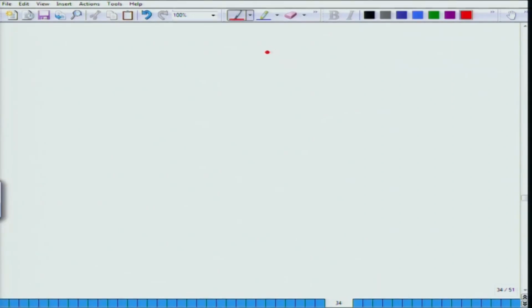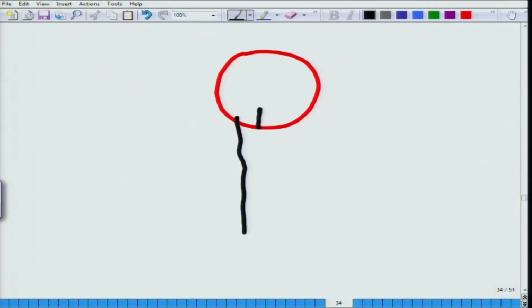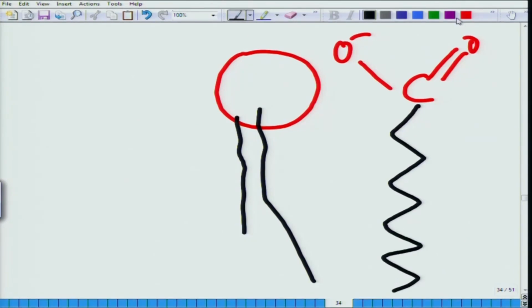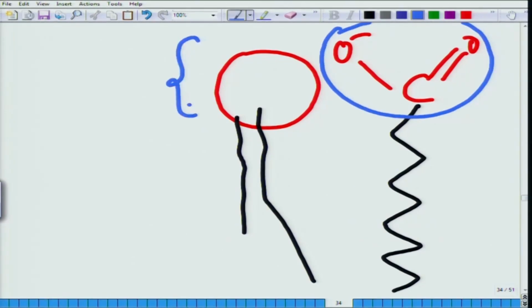So, this is the polar head group and this is the hydrophobic tail, and when you draw it chemically, it looks like this: C double bonded O minus, and you have this tail curve. This part has the ability to interact with water, that is why it is called the polar head group.